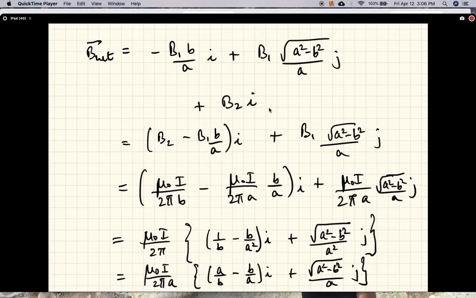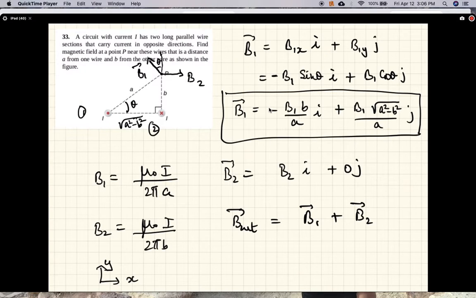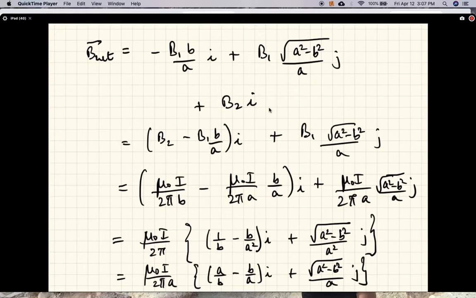Now these are dimensionless quantities. This is length over length, and this is the square root of length squared, so length over length. So we've expressed the magnetic field in terms of the field due to just one wire, mu naught I over 2 pi A, times this vector. So there's the magnitude of the field at point P.